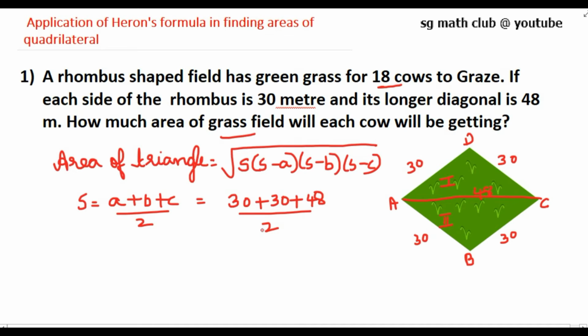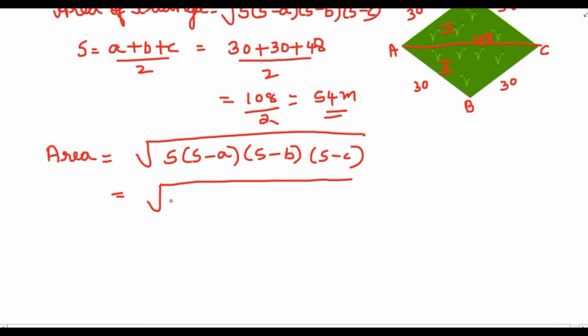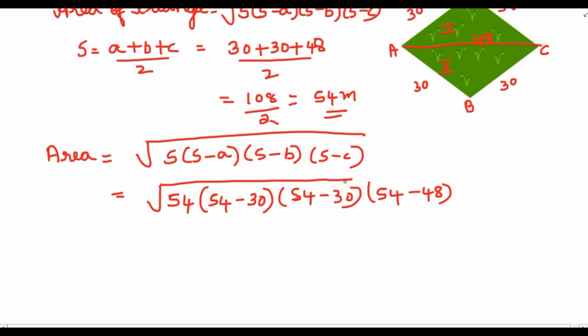We will get 108 by 2, which is equal to 54 meter. Now we will substitute in the formula: 54 into 54 minus 30 into 54 minus 30 into 54 minus 48.